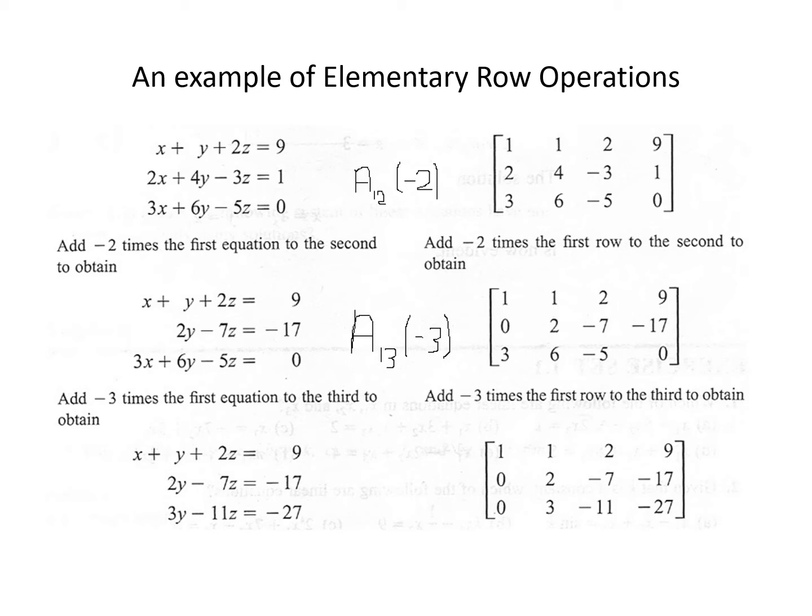Here we apply the first elementary row operation, called addition. In this operation, we multiply row number 1 by minus 2 and add the answer to row number 2, and the result is stored in row number 2. So you see, the answer is stored here: 2y minus 7z equals minus 17, or 0, 2, minus 7, minus 17.